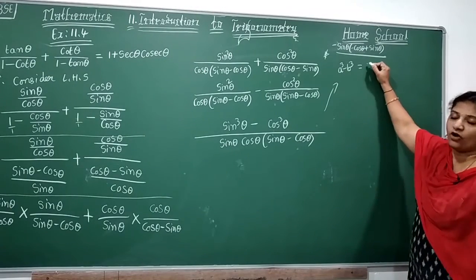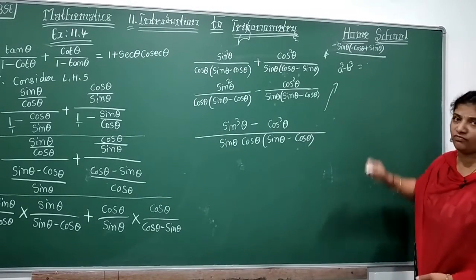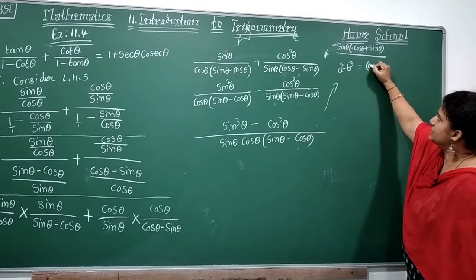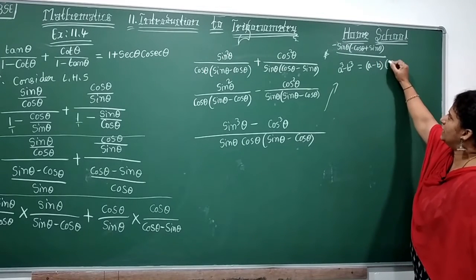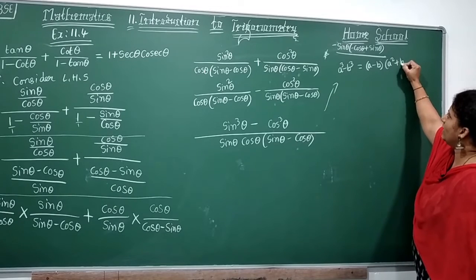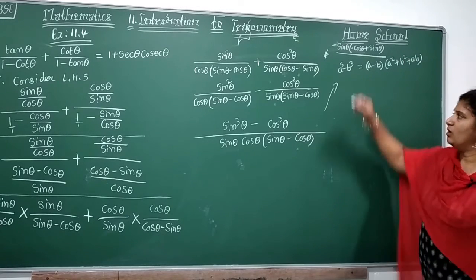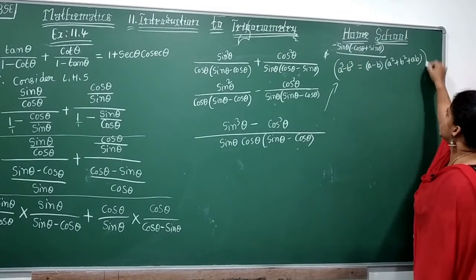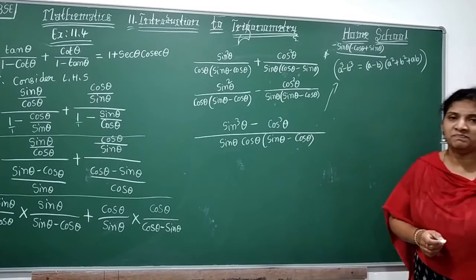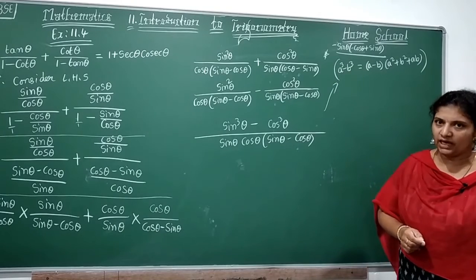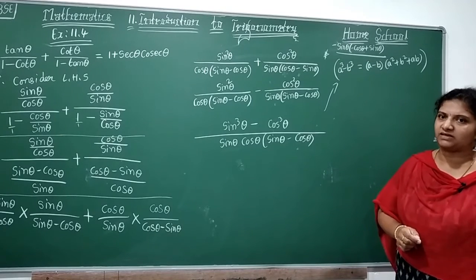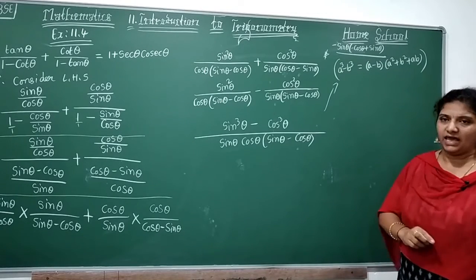So look here, children, what is the a cube minus b cube formula? It is a minus b into a square plus b square plus ab. Once again, a minus b into a square plus b square plus ab.